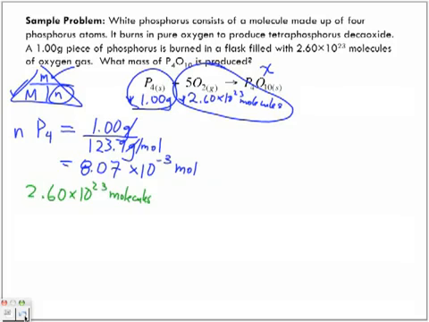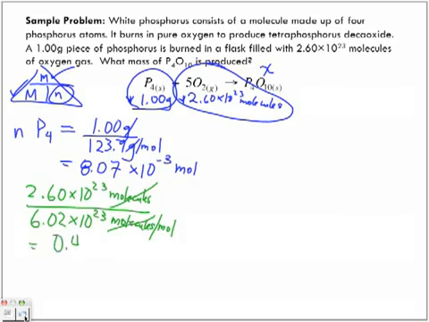So we're going to divide this by 6.02 times 10 to the power of 23 molecules per mole. Molecules cancel out, and I'm left with 0.432 moles of oxygen. Okay. So I have that.